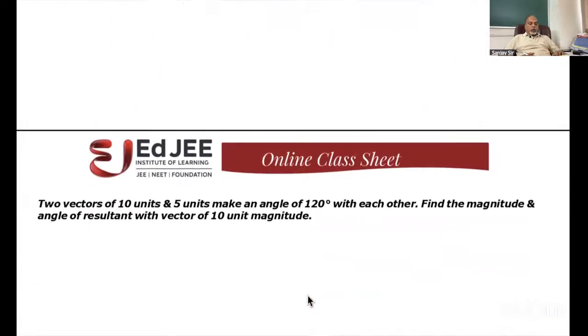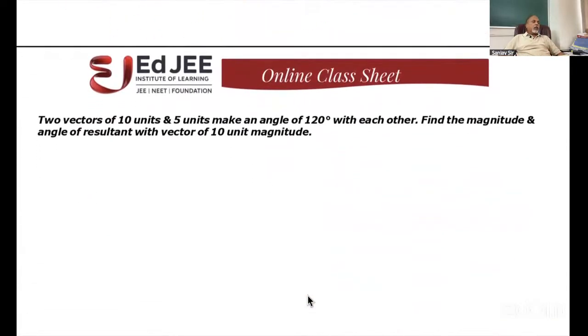Now, let us take some question here. Here are two vectors, 10 units and 5 units, and they make an angle of 120 degree. Find the magnitude and angle of resultant with the vector.